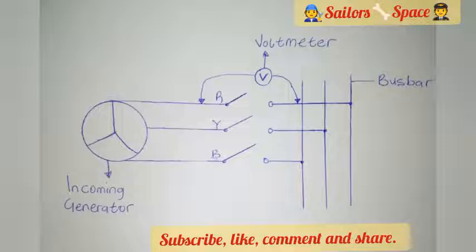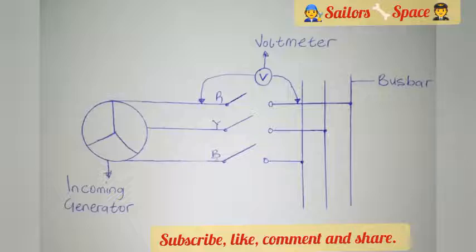So when you're done with that, connected the voltmeter, it is also advisable that you use an analog voltmeter. When I mean an analog voltmeter, the type of voltmeter that has a pointer, so that you have good accuracy, because the voltmeter will be acting more like an indicator to show the correct voltage.